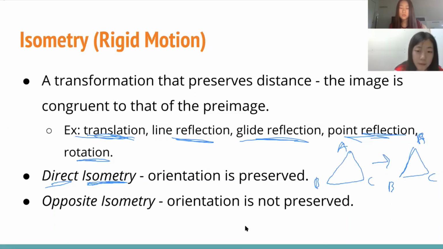That happens during a reflection. So when a triangle A, B, C is reflected over here, the orientation might change. So it'd be like C, B, and then A.